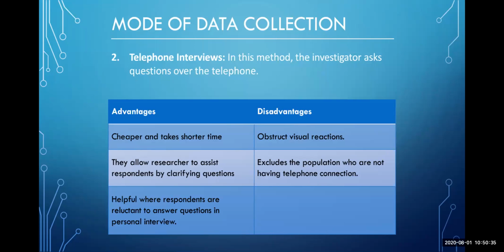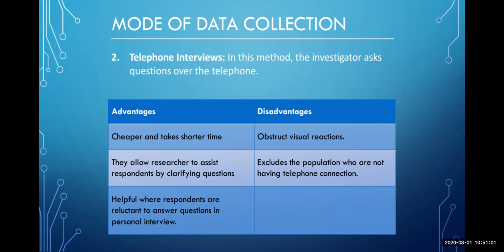Thirdly, it is helpful where respondents are reluctant to answer questions in a personal interview. Sometimes the respondent is not comfortable face to face, and may feel more comfortable answering over the telephone. The disadvantage is that it obstructs visual reaction.